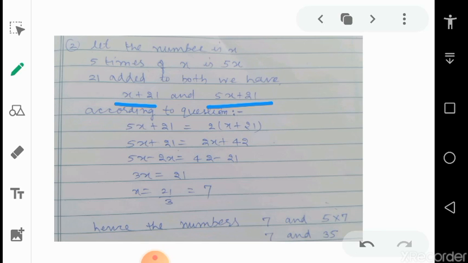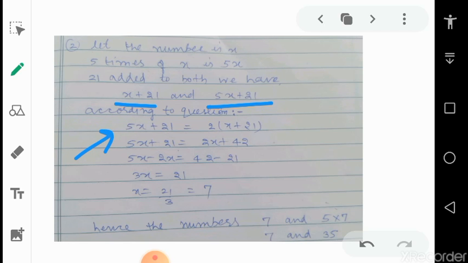Then according to the question, one number becomes twice the other number. Obviously, the bigger number will be bigger always. So 5x is bigger than x, and if we are adding 21, it remains bigger. So this number is bigger, 5x plus 21.